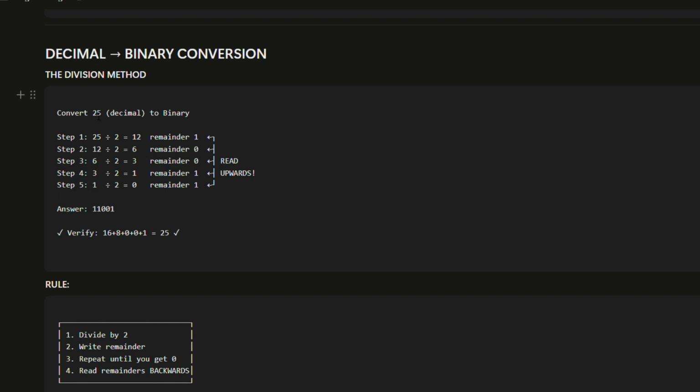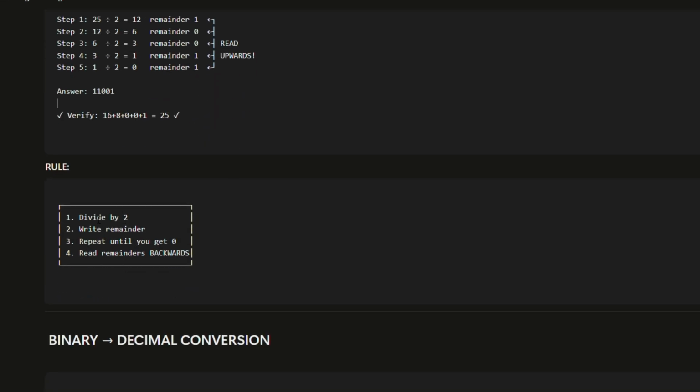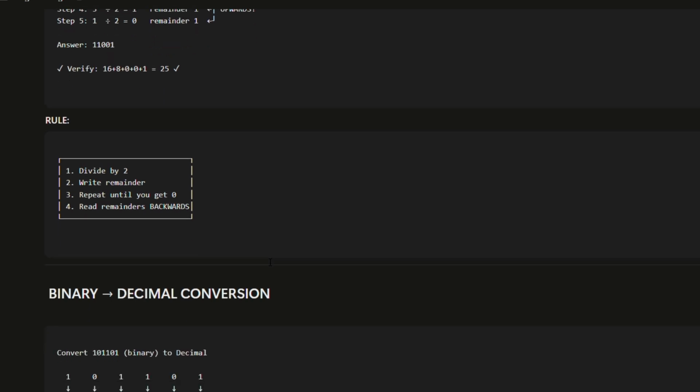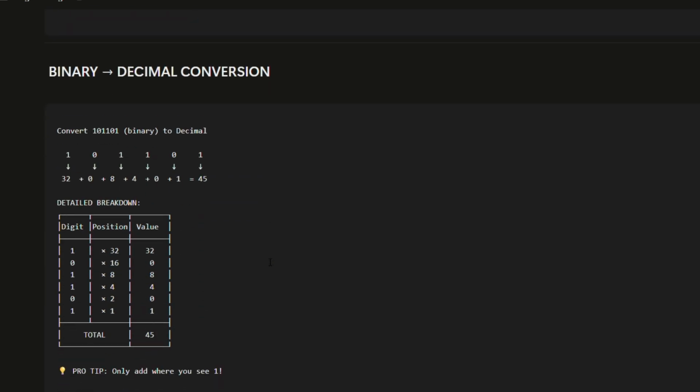So your 25 binary equivalent is 11001, and you can verify it by multiplying the digits according to 2 raised to the position that each is in. So your rule of thumb is: divide by 2, write the remainder, repeat until you get 0 as your quotient, and read the remainders backwards.